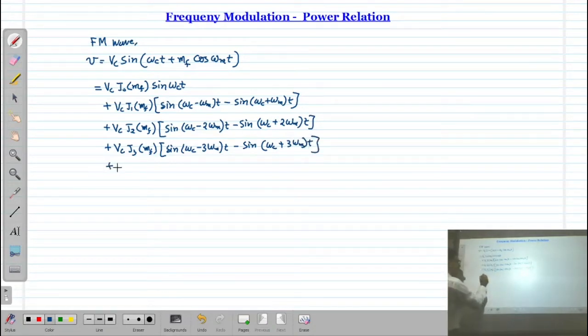And in this way, if we expand the expression using the Bessel function, it has an infinite number of terms.